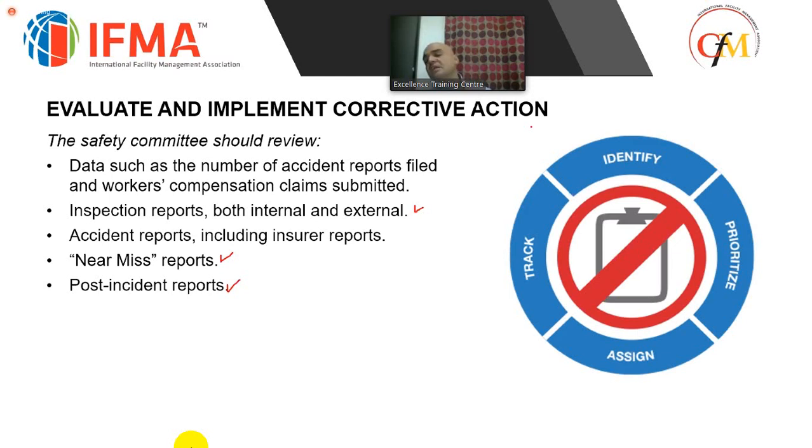Sometimes we need to change and redesign the whole process. Sometimes we need to change the people. Sometimes we need to train the people. So it all goes to the root cause analysis of the system, why the accident happened, because people are not complying or people are not trained, and so on.